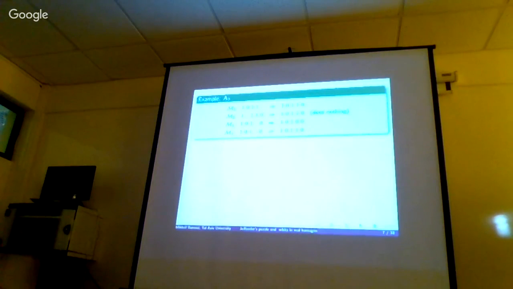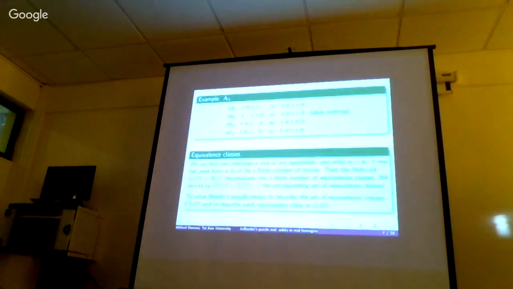Now, equivalence classes. I want to explain the game; in reality what I need is not just to know the minimal number. I want equivalence classes. So we say that two labelings, A and A prime, are equivalent, and write A equivalent to A prime, if one can pass from A to A prime by a finite number of moves.